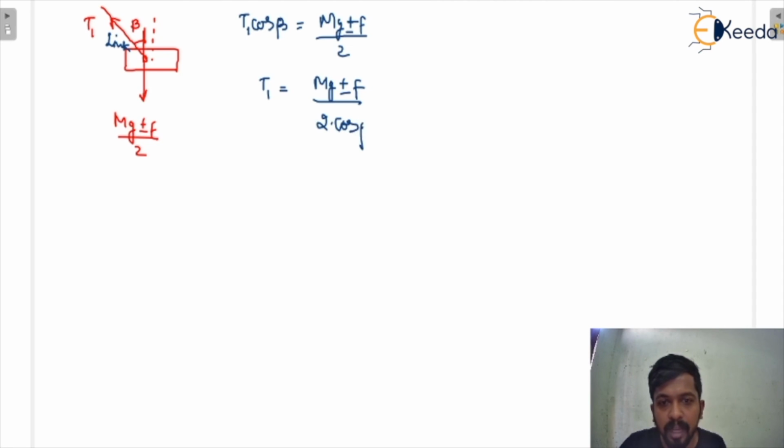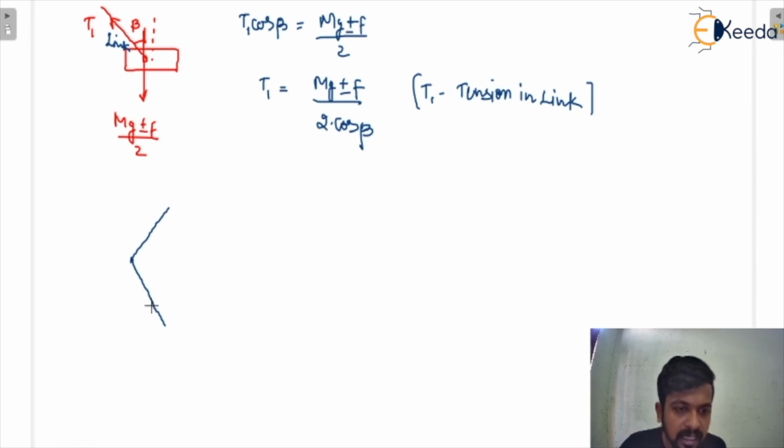This is the tension in the link. I'm not talking about the tension in the extension of the lower link. The lower link is different, the extension of the lower link is different, and this is the tension in the link, T1.